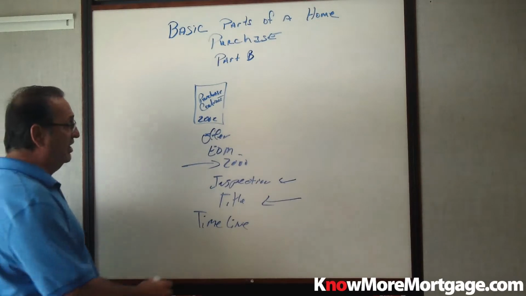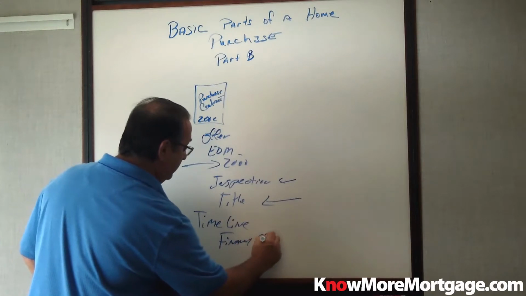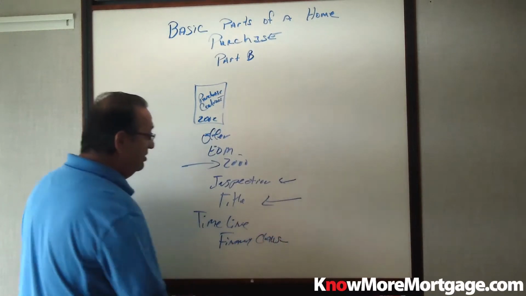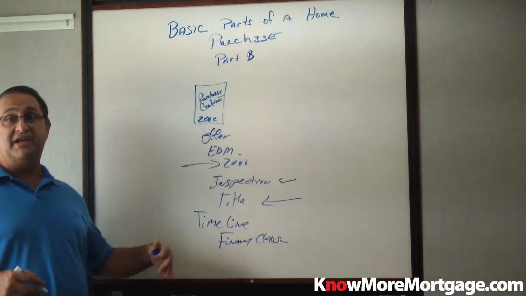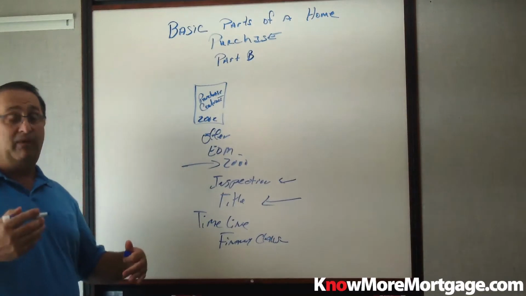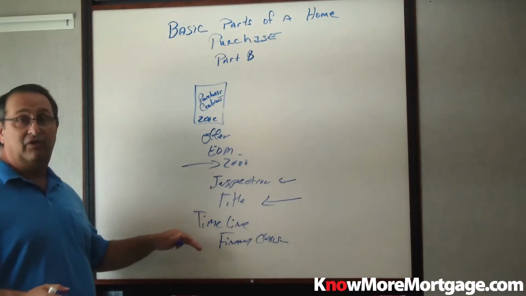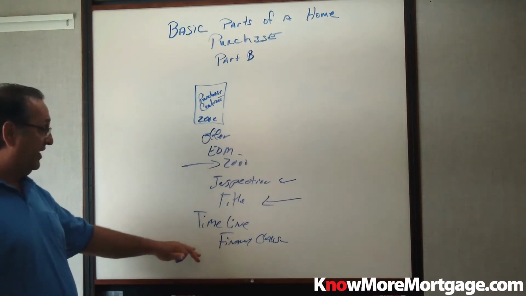In that timeline, you should also have a financing clause. So make sure you're in time. Like in Florida, you have 5 days to make application. You have to look at what day the realtor is going to look for you to get an approval on that loan.